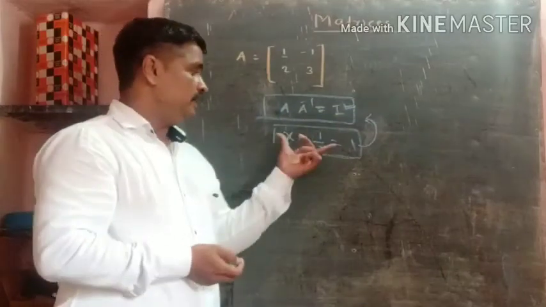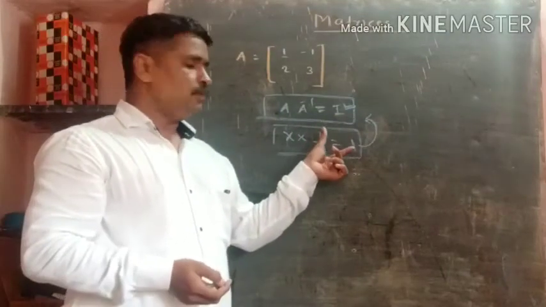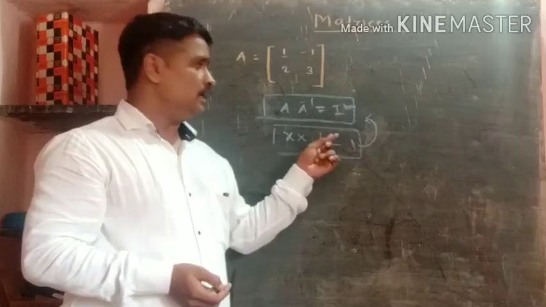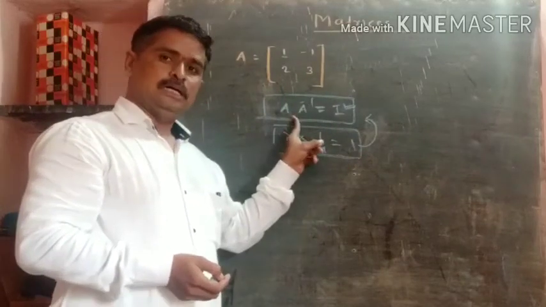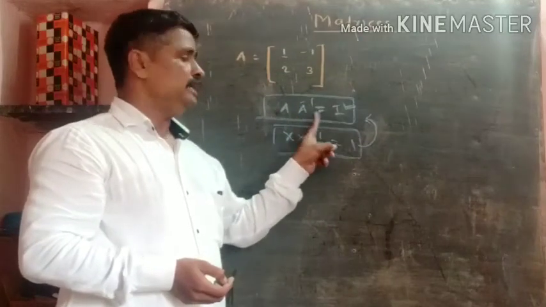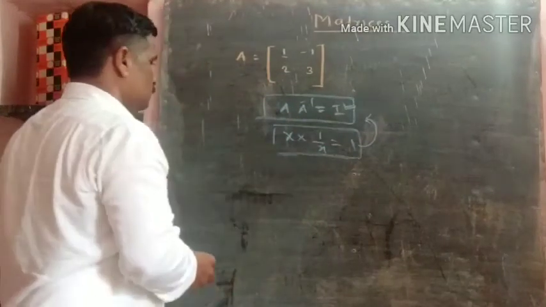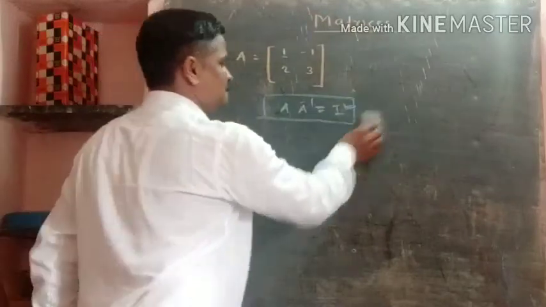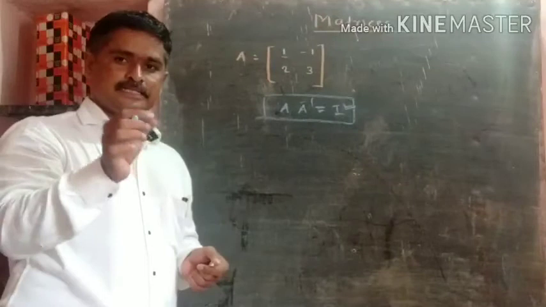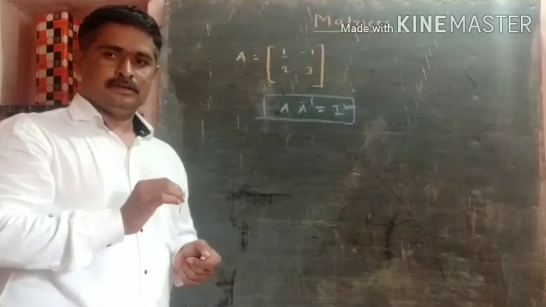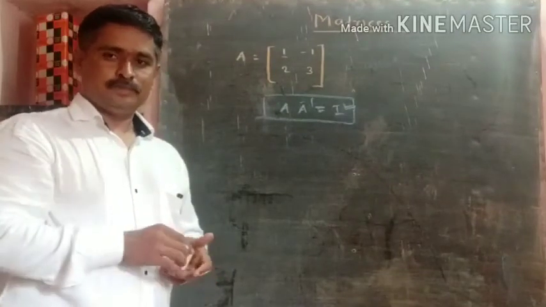So it is a very important rule to find the inverse of a matrix. First of all, we write A into A inverse equals I. Then take the determinant. If it is 0, then we need not find the inverse of the matrix.